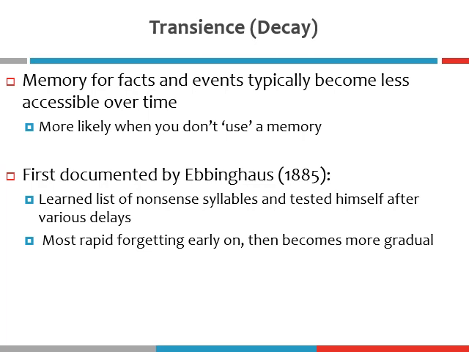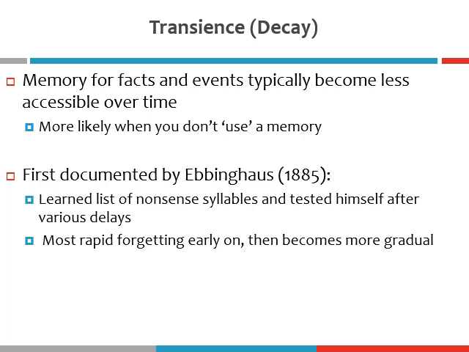And whatever the answer to that basic subtraction equation was his savings, right? And what he found is that the time that he saved with initial learning declined over time, right? So this was his quantitative measure of forgetting.